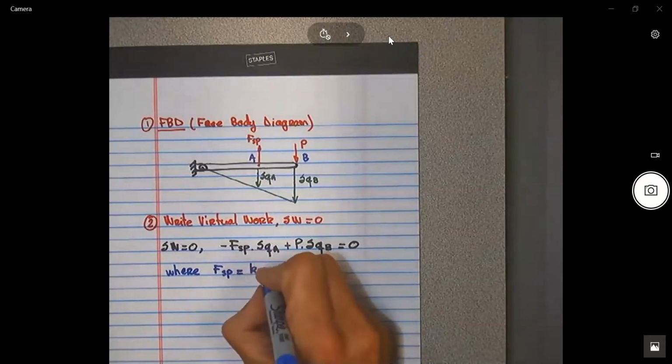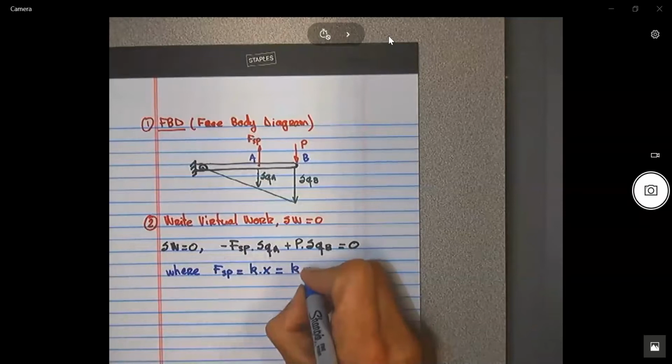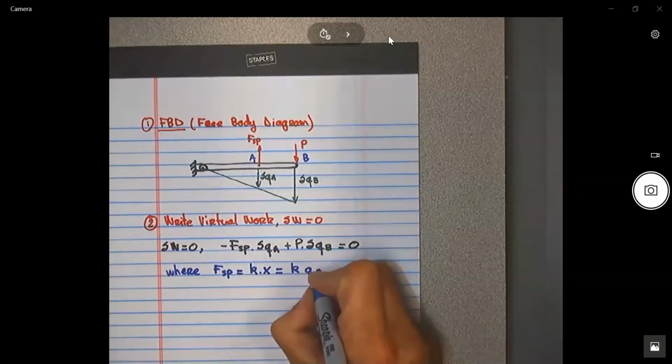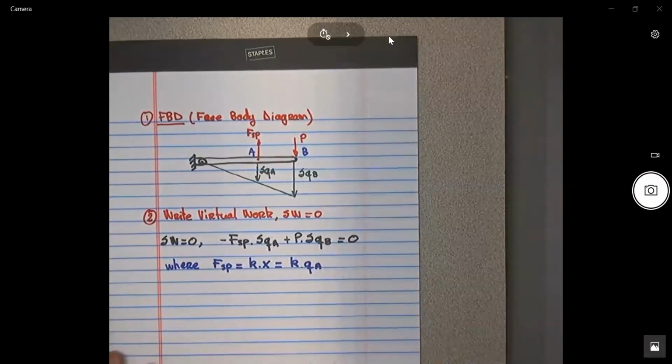So you want Kx, but here we're going to call it K Q sub A. There's a reason why I don't call it delta this time: it would complicate the notation. Let's just call it Q sub A, okay? It's just notation at this point. All right, so we do that.